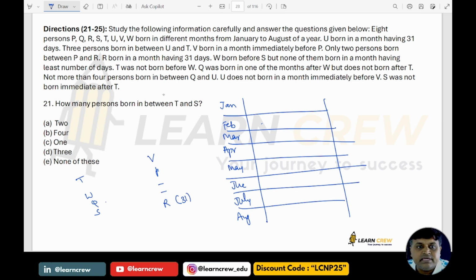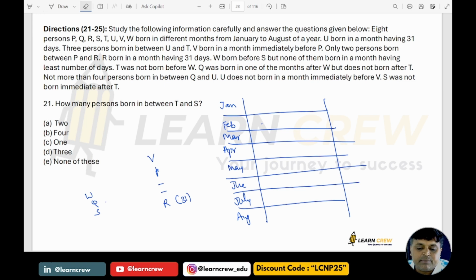So what is given here? T was not born before W. What does it mean?